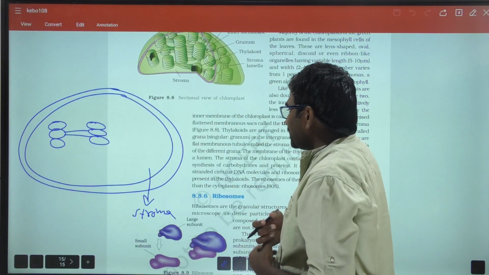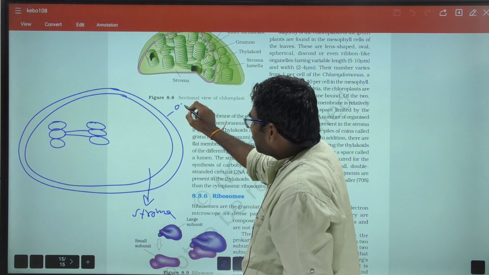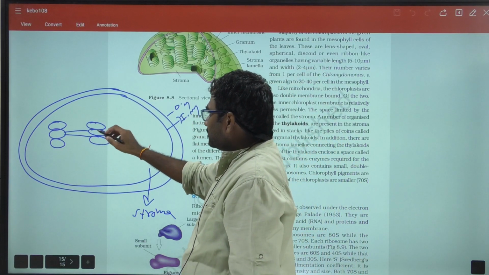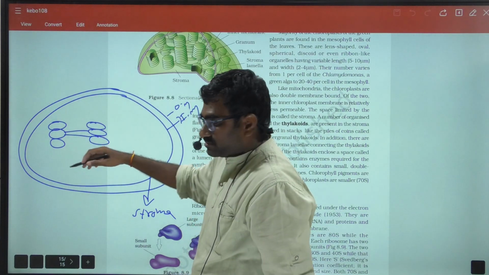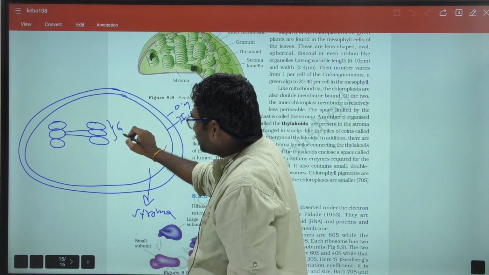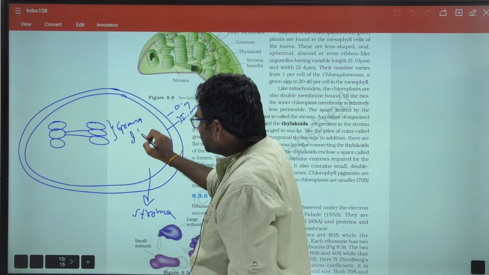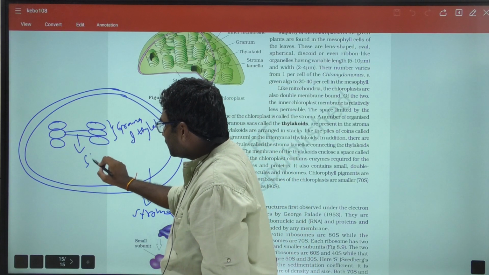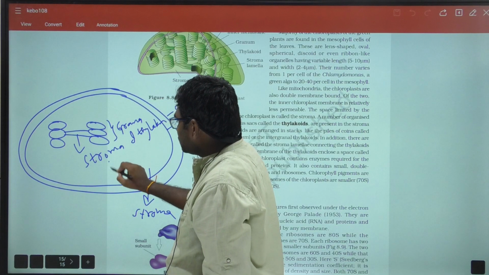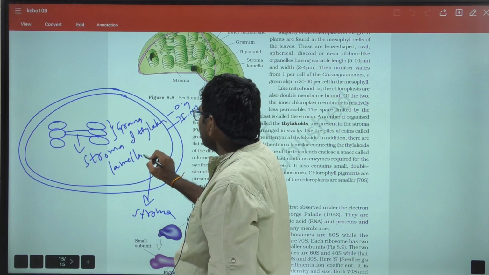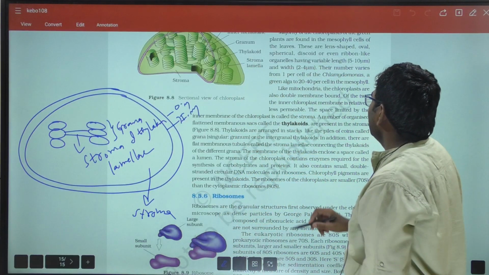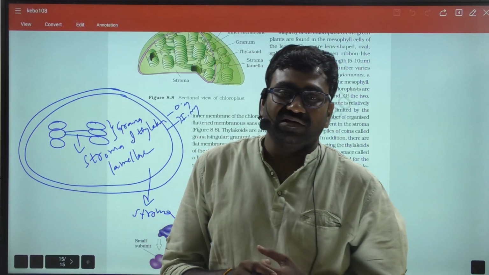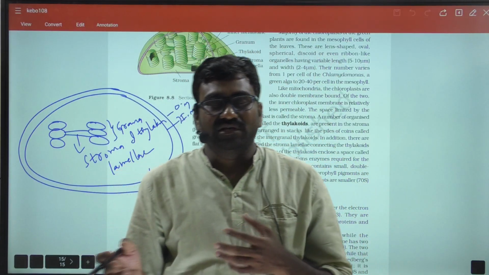This one is the outer membrane, this one is the inner membrane, and these are the thylakoids, the grana of thylakoids, and this one is the stroma, and the stroma lamellae. And just like mitochondria, the number of chloroplasts varies from cell to cell.